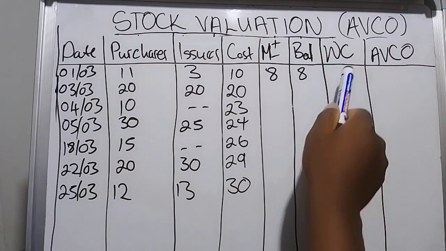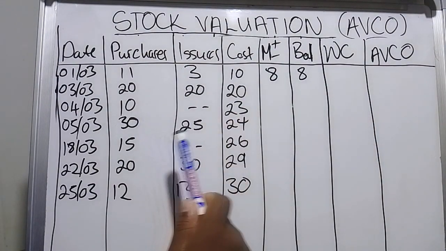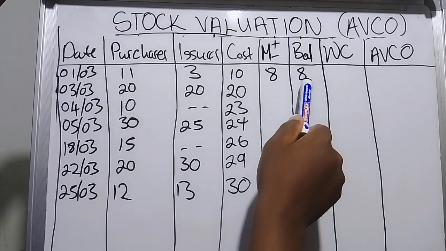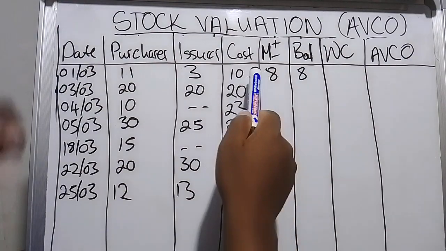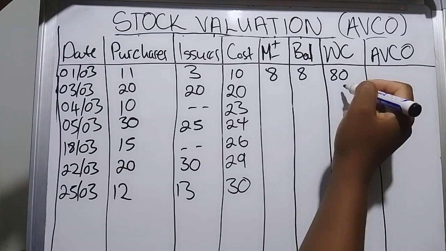Then the weighted cost, in this case, is the cost multiplied by the balance, which will be 8 multiplied by 10, and it will give us $80.